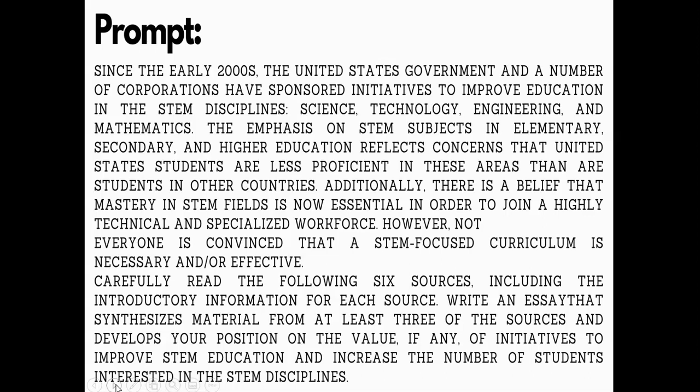Write an essay that synthesizes material from at least 3 of the sources and develops your position on the value, if any, of initiatives to improve STEM education and increase the number of students interested in the STEM disciplines. Pretty straightforward, right? This is an average, run-of-the-mill type of thing. And I know my students came back and felt very confident with regards to this.